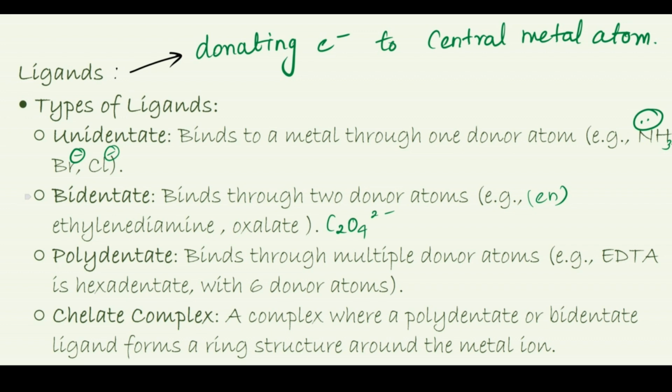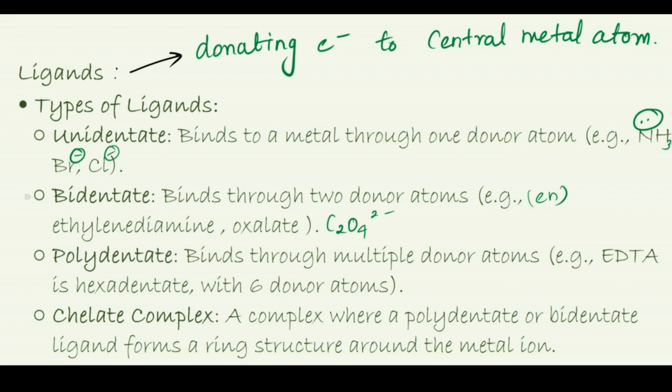Polydentate means it binds through multiple donor atoms. The famous example is EDTA. What is EDTA? Ethylene diamine tetraacetic acid or tetraacetate. It is hexadentate. Six donor atoms are present in EDTA. Point to be noted, note it down. The next one is the chelate complex.